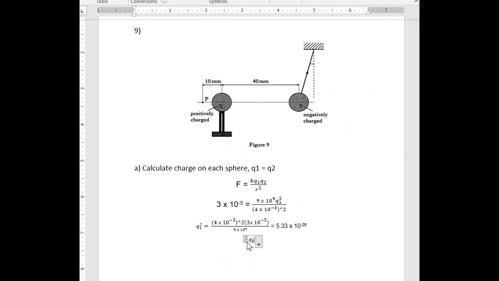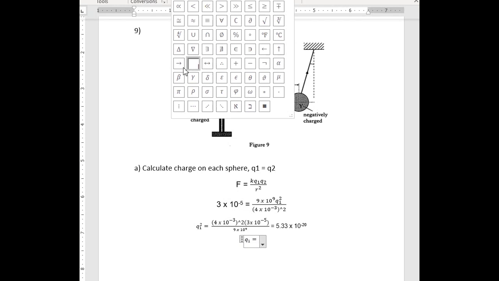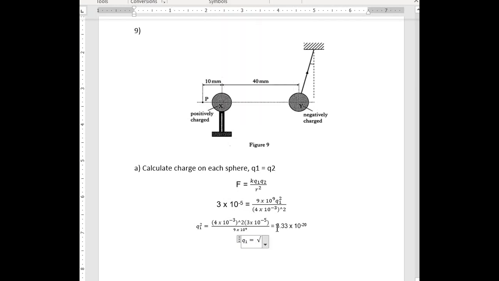Then Q1 will be the square root of 5.33 times 10 to the power of minus 20, equal to 2.3 times 10 to the power of minus 9, which is also equal to Q2.